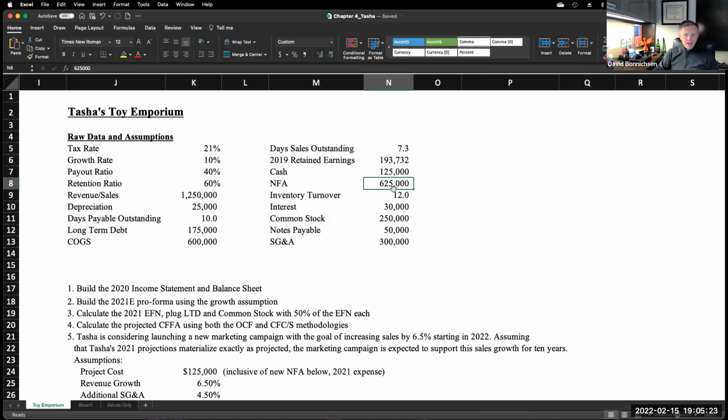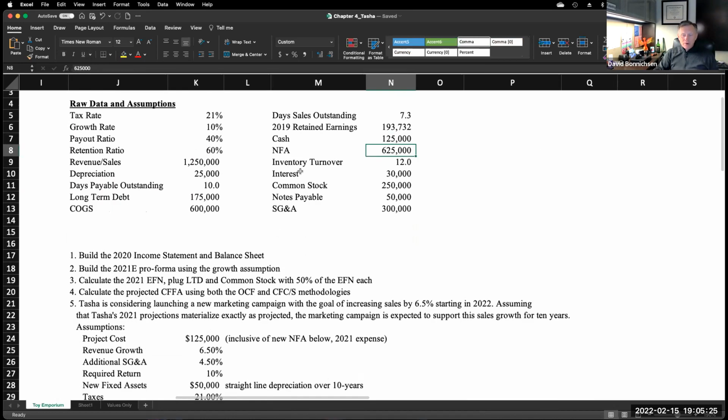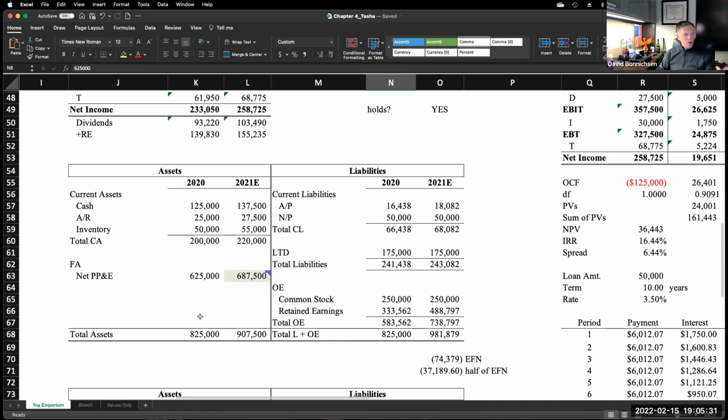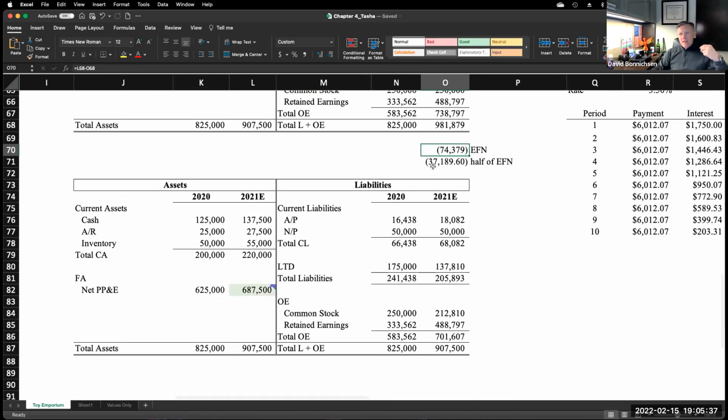And if you do it right, once you put in the new numbers, your income statement will automatically update. Your balance sheet will automatically update. Your EFN will automatically update. And then all you have to do is figure out what the case is asking you to do with how to handle the EFN to finalize the last piece, and then you're done.